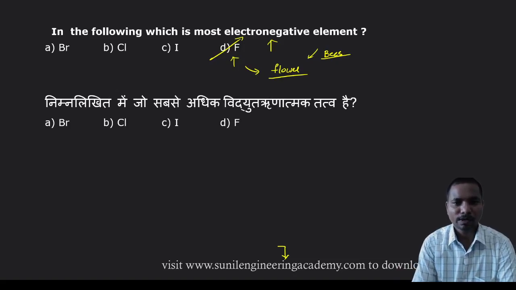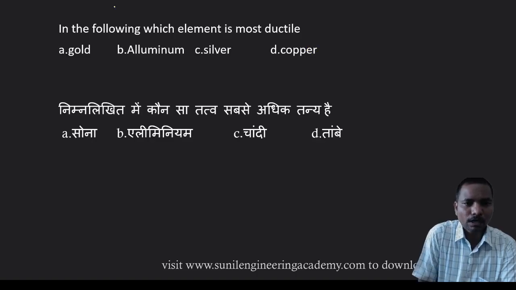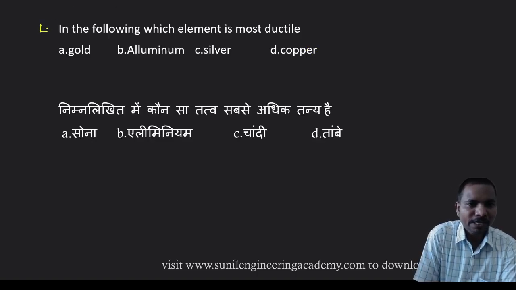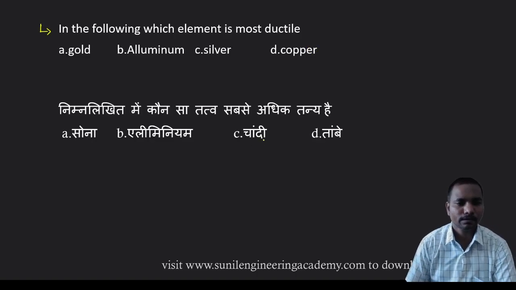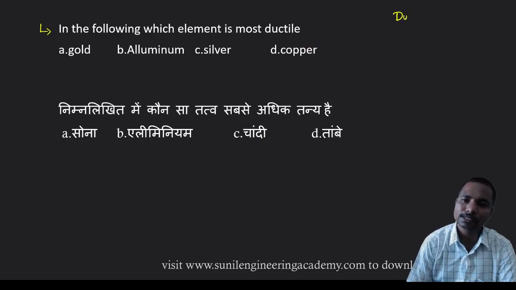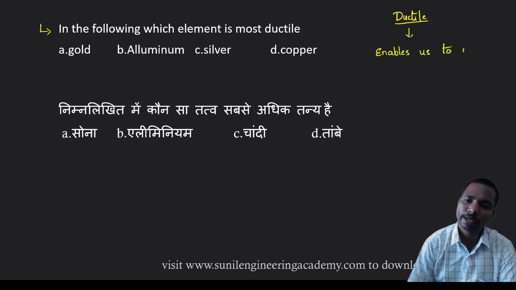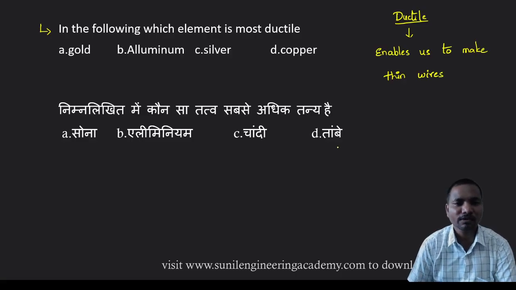So up to this one we have completed most electronegative element, fluorine. Now, in the following, which element is most ductile? What is meant by ductile, guys? Ductility enables us to make very thin wires.